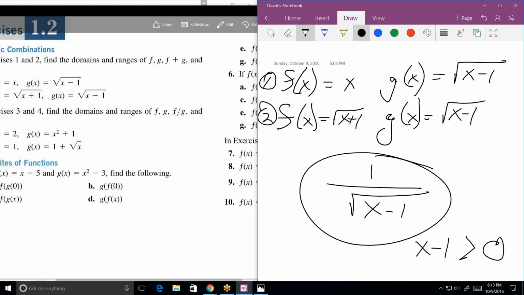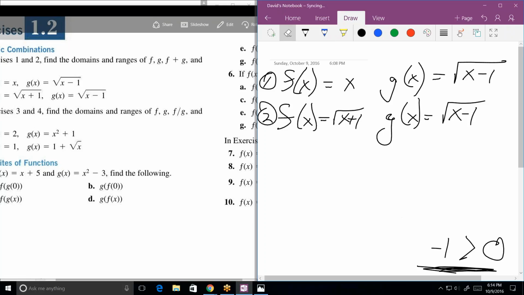So those are the two main restrictions you have with functions: you can't divide by 0, that's the main one, and you can't take the square roots of numbers that are negative. So between the two of those, x has to be greater than 1, not greater than or equal to. And that's for the problem I made up, not for yours.